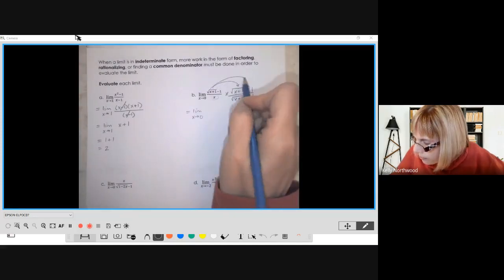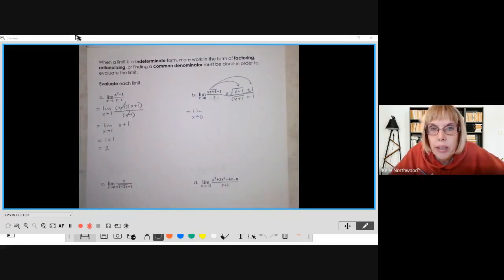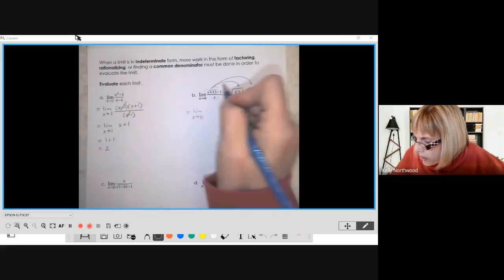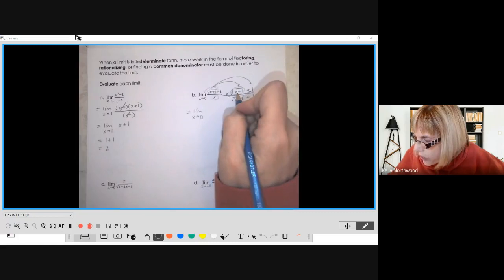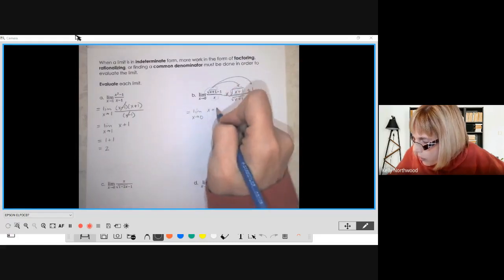So how many people are confident that the middle terms of that conjugate are going to add to 0 if I expand all 4 multiplications out? Most people good with that? Yeah, pretty confident. So if I multiply the first 2 together, I'm going to get x plus 1.